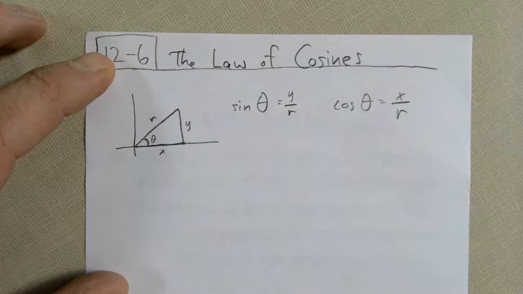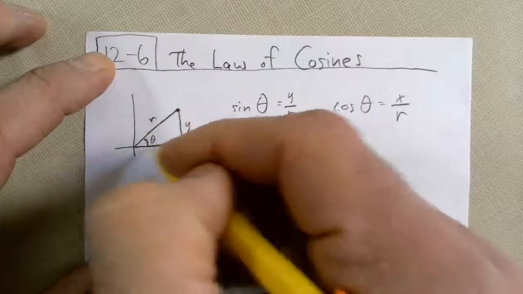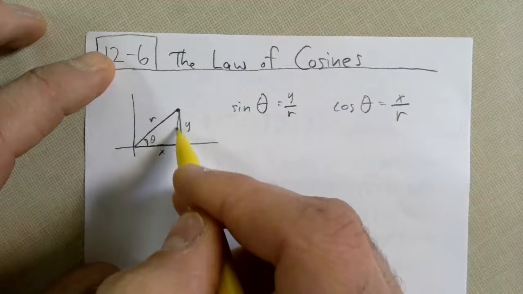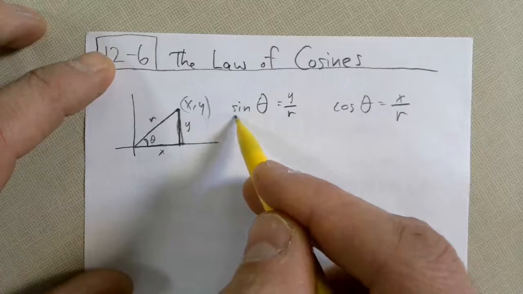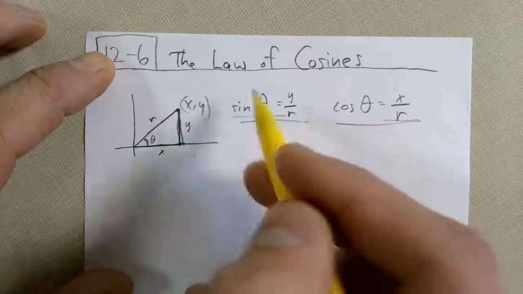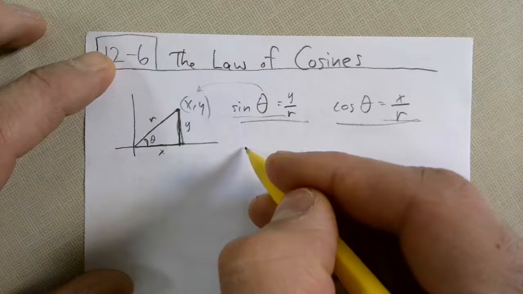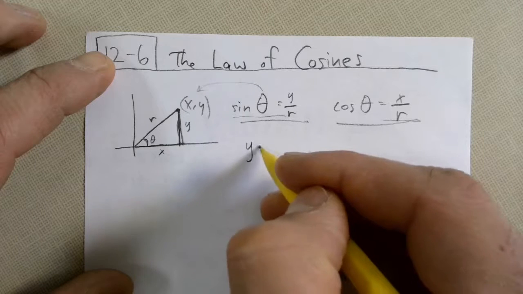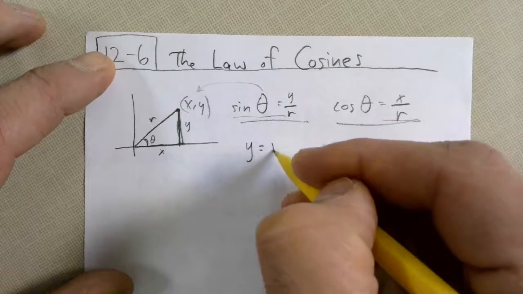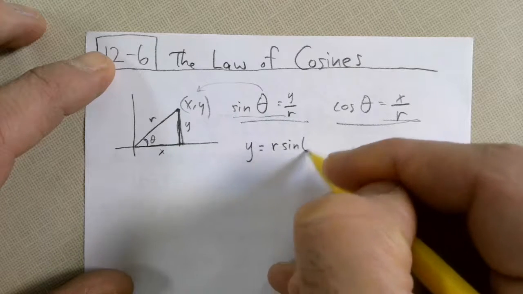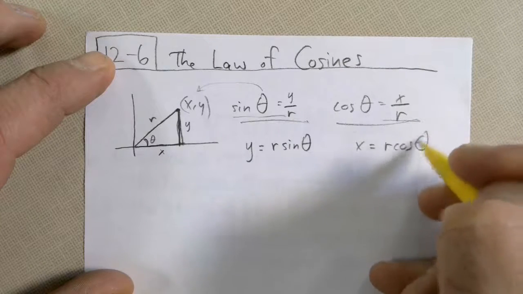Now, something interesting will happen. This right now is simply X, Y. But if we solve these for X and Y, we can do a substitution and see something that happens. What we'll find is that Y is equal to R times the sine of theta, and X is equal to R times the cosine of theta.